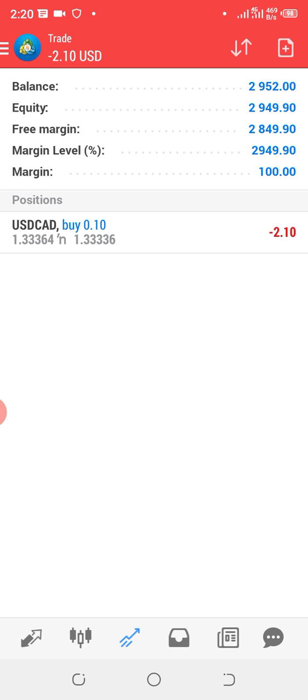You can see here that the margin is 100. Why is it 100? Because the lots I used is 10,000 lots, or 0.1 lot size. So that's 10,000 over 100, which is $100. You can see that the required margin is $100.